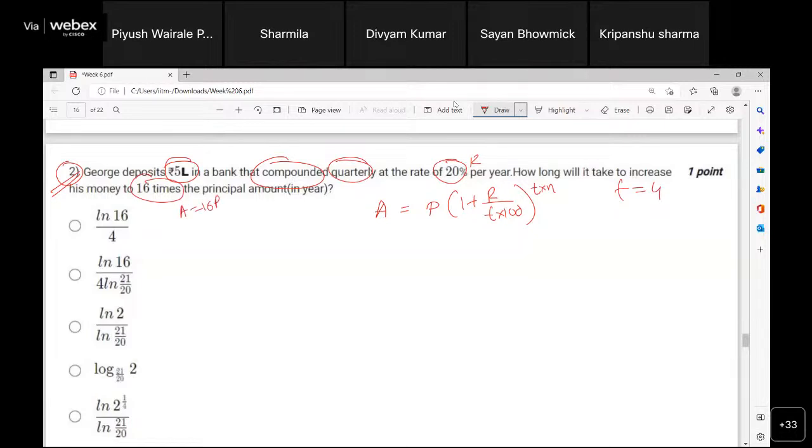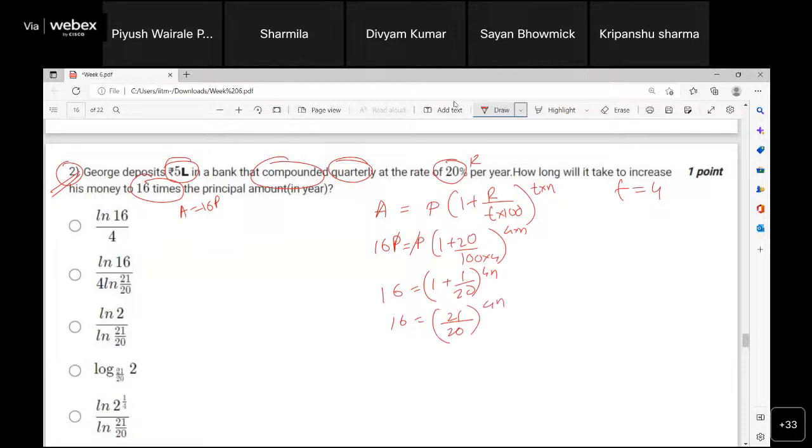So just put the values: 16P equals P times 1 plus 20 upon 100 times 4, upon 4, to the power 4n. P and P get cancelled, right? So 16 equals 1 plus 1 by 20 to the power 4n, 16 equals 21 by 20 to the power 4n.